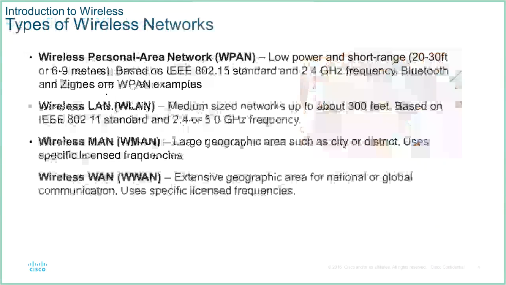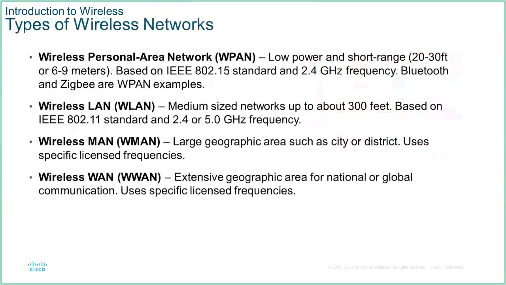So we have a few categories. We have a personal area network, a local area network, a metropolitan area network, and a wide area network, just like we basically do with normal networks, but we stick a W in front of it because it's wireless.